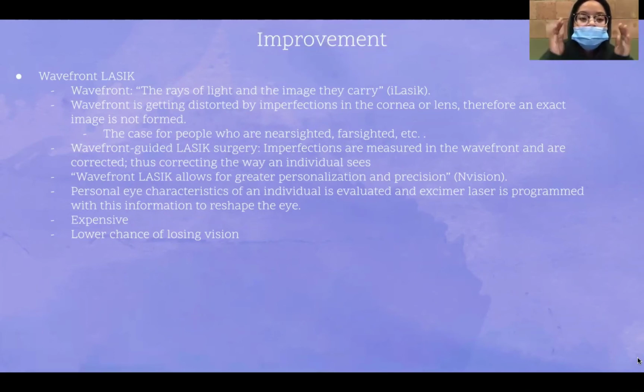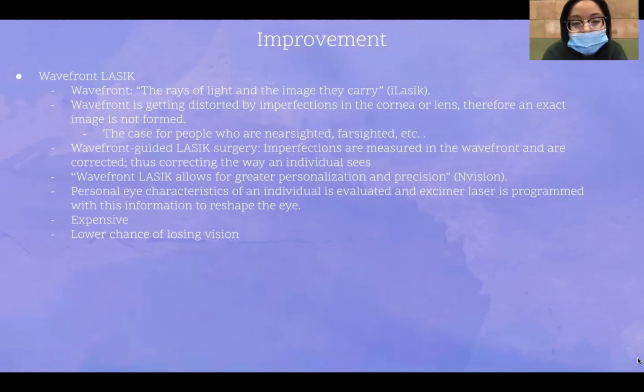One of them has been the wavefront LASIK surgery. To explain what a wavefront is, basically it's the rays of light and the image that they carry. We talked about this concept earlier in the presentation. Rays of light hit the cornea and are refracted by the cornea and transferred to the retina, where electrical signals are created by the brain.